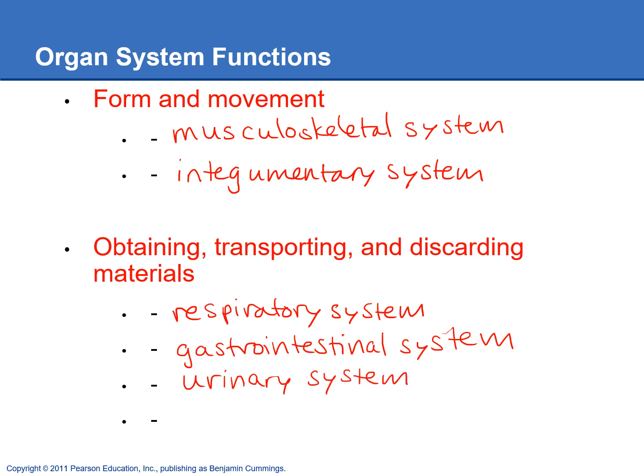Okay, discarding waste material in the urine. And then we also have our cardiovascular system. And the big job for the cardiovascular system is to transport things around the body. Okay, move it from one area to another.